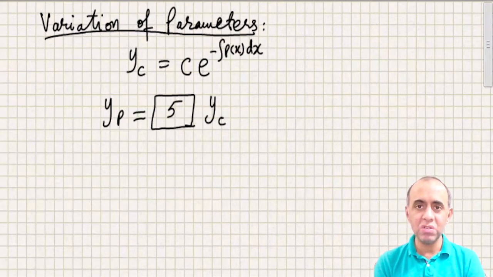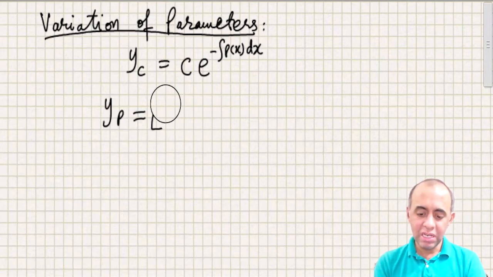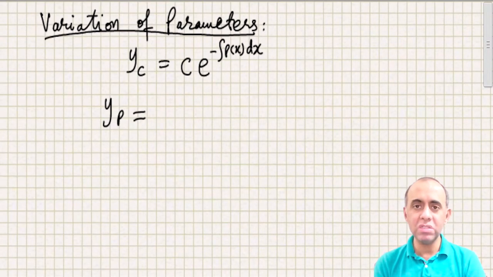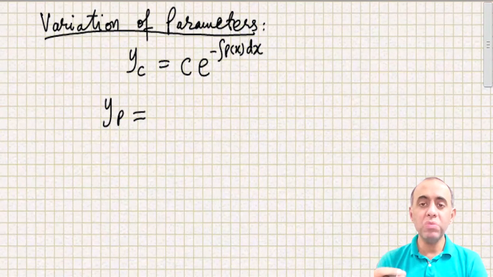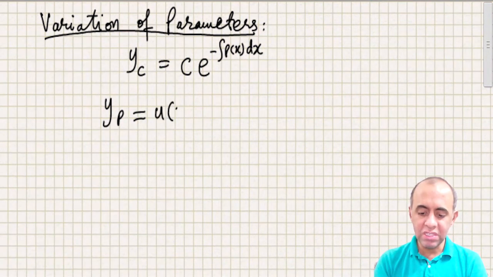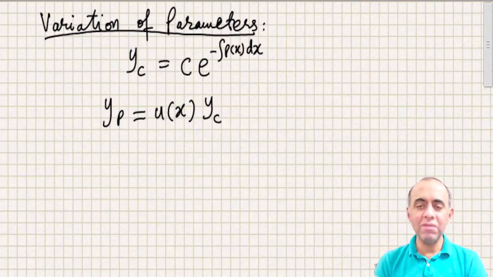But right now you need to simply realize, and I think it makes sense, that simply multiplying a solution with a constant is just going to shift the plot by some units with the same shape. So we want a new shape. So what we do, we say that there is a new function which is u of x, which is unknown to us, and it is being multiplied to the complementary solution. Now we have done both things.